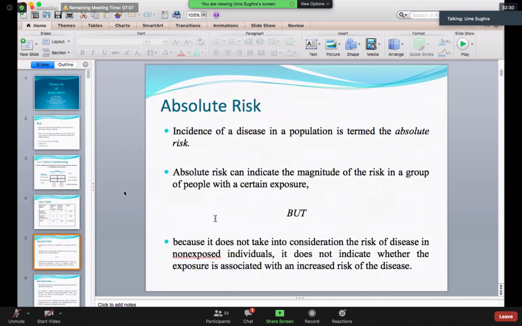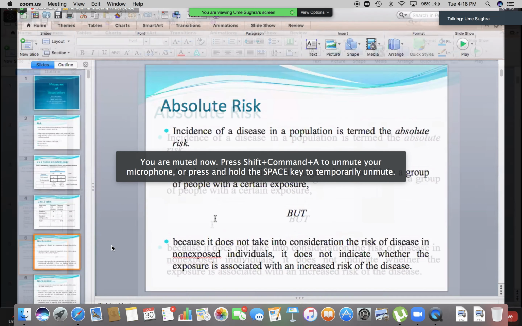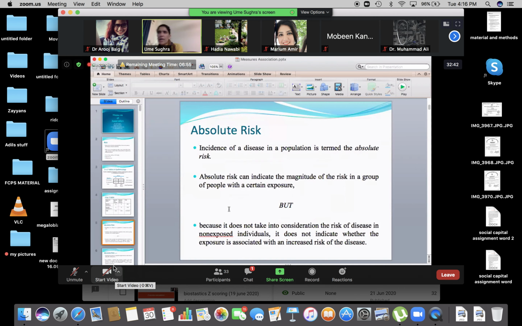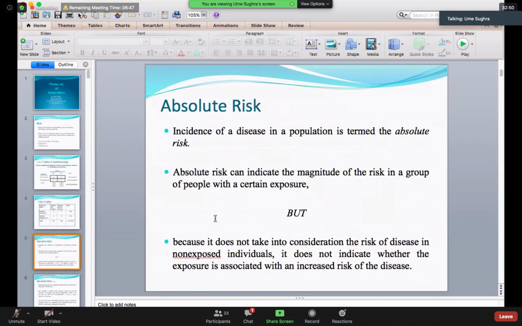Now, whenever we calculate incidence of a disease in a certain population, we call it absolute risk. Absolute risk tells us the magnitude of the risk in a particular group that has a certain exposure. Whenever we calculate incidence, the catch is the population we take in the denominator should all have the risk of developing the disease.